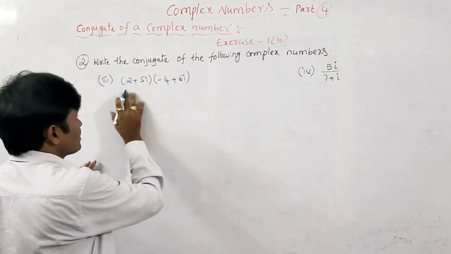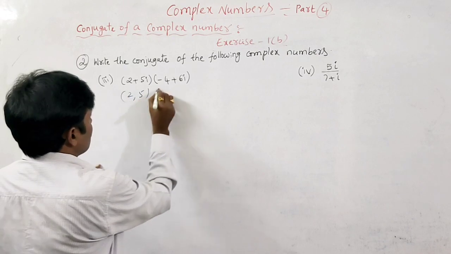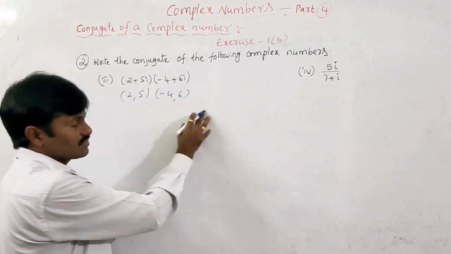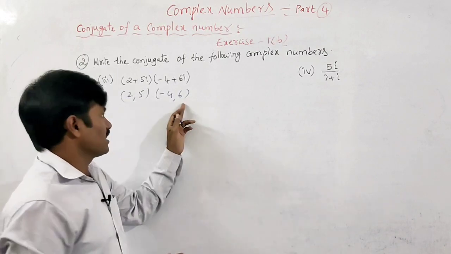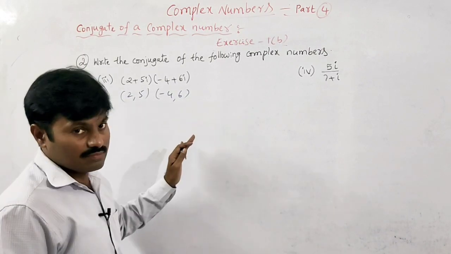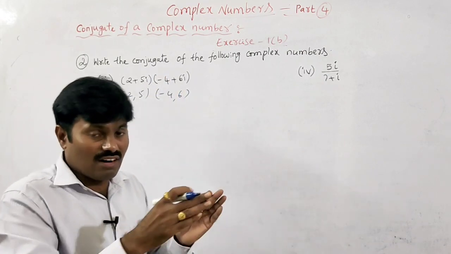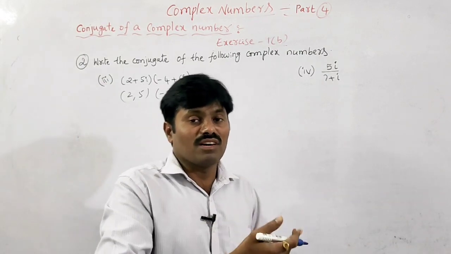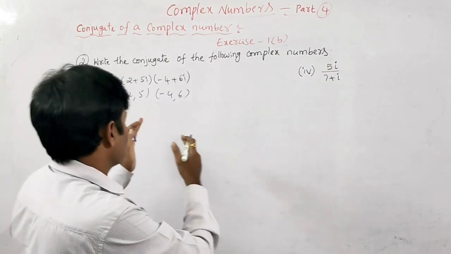But there they were given complex numbers as ordered pairs, like 2 comma 5 and minus 4 comma 6, and we multiplied using the formula (AC minus BD, AD plus BC). When they are given as ordered pairs, we can convert them into the form a plus ib and multiply like this, no problem.